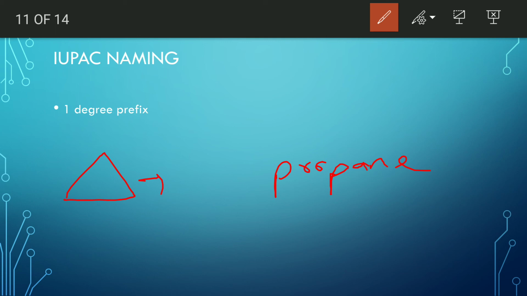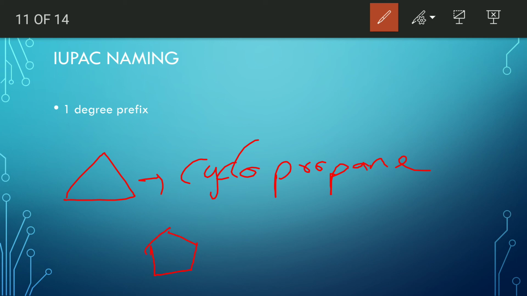And now what is the 1 degree prefix? Cyclo. If there is a cyclic compound, you will directly write cyclo, right? For every compound, if there is a cyclic compound, you will write cyclo. If there is no cyclic compound, you will not use the word cyclo.